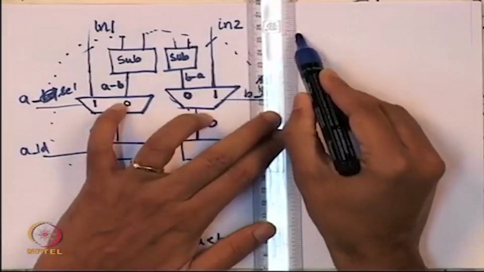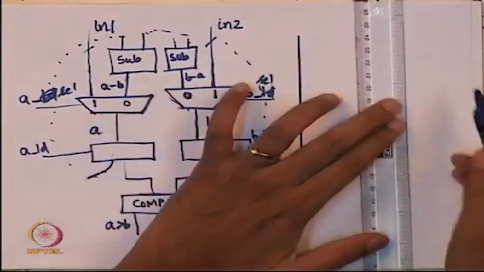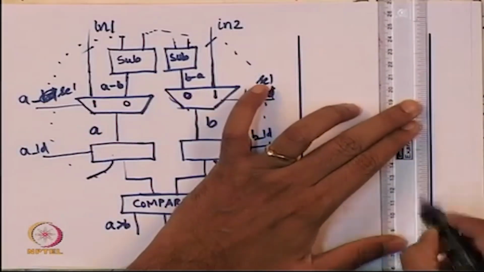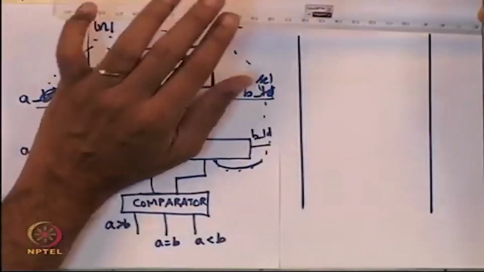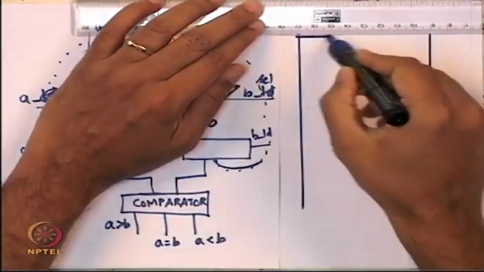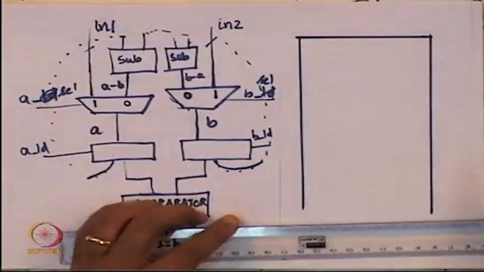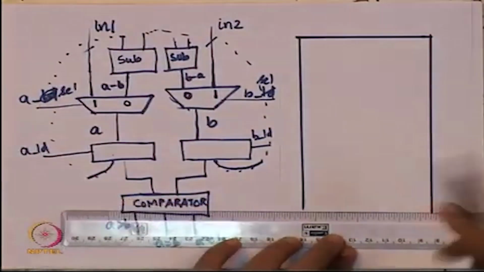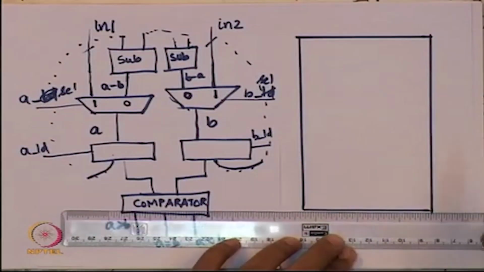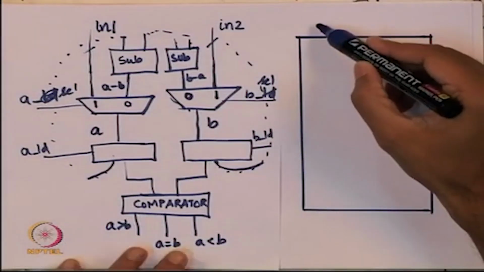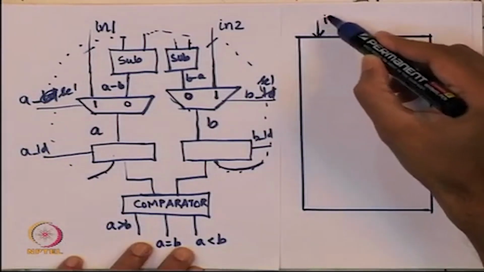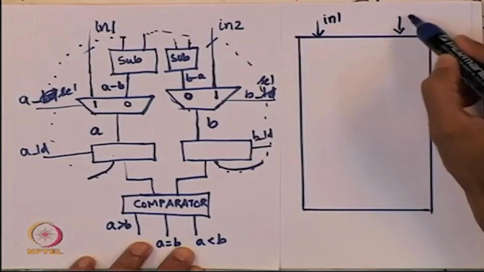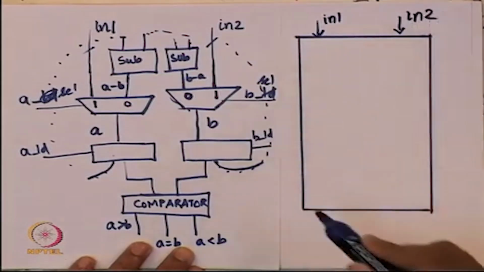I am going to think of it as a circuit. So, let us forget the internals for a while. I am going to only draw the block diagram. In this block diagram, let us see what are all the different things that we need. First of all, I need input 1 and input 2, right. These are external inputs.